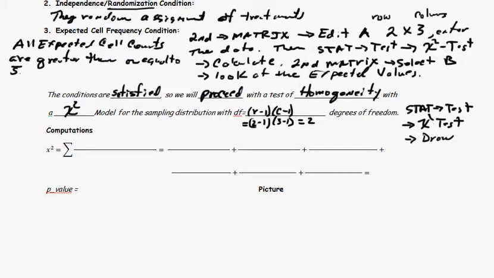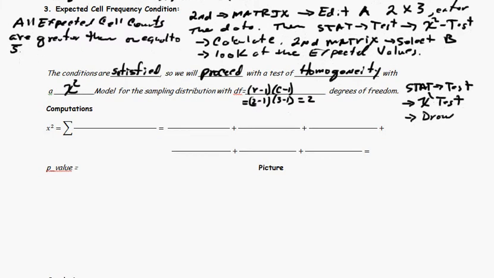Okay, and then what you should get is a chi-squared value of 8.4. And the p-value, that's the probability of the chi-squared value being greater than 8.4, is going to be 0.015.